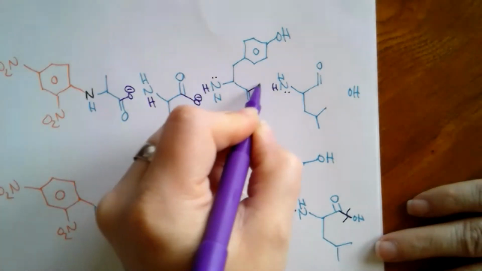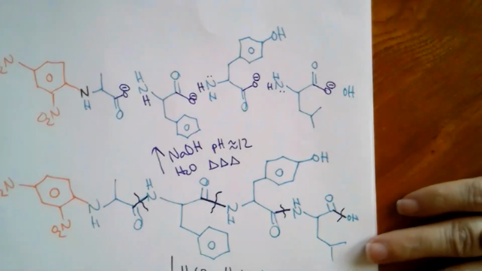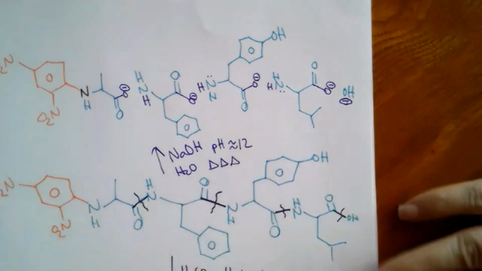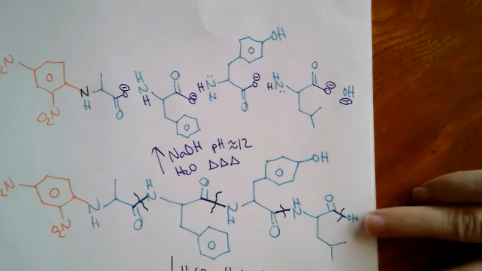Carboxylate, carboxylate, carboxylate. This one could technically be hydroxide, or it may be a water. It just kind of depends a little bit. But again, same as before, I just wanted to point out that you could hydrolyze that carboxylate. It may simply undergo a deprotonation instead.